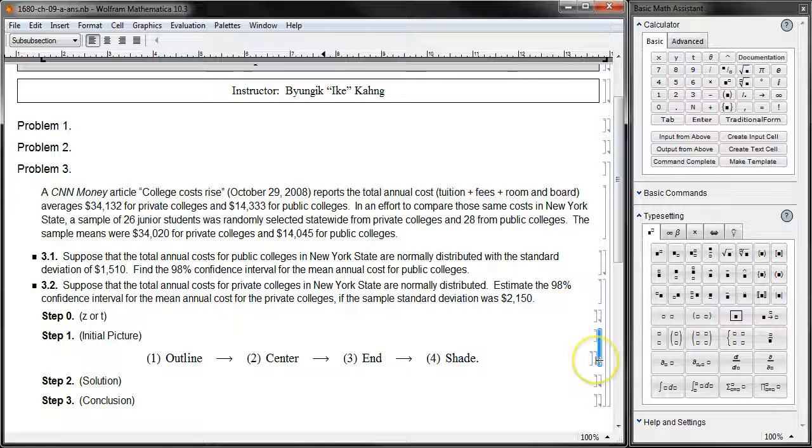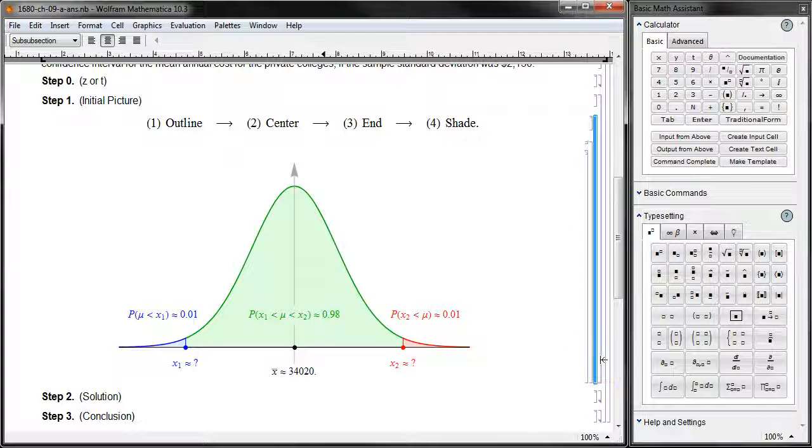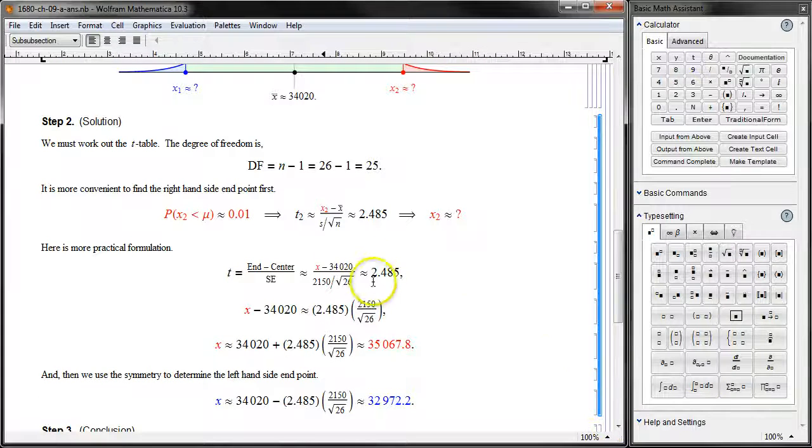Initial picture, this is the t-curve, but by naked eye, whether it is t-curve or z-curve, you cannot really tell. 98% in the middle, 1% there, 1% to the right, and let's look up the t-table and then get the t-score for this x2. If you do that, you're going to get this t-score, 2.485.